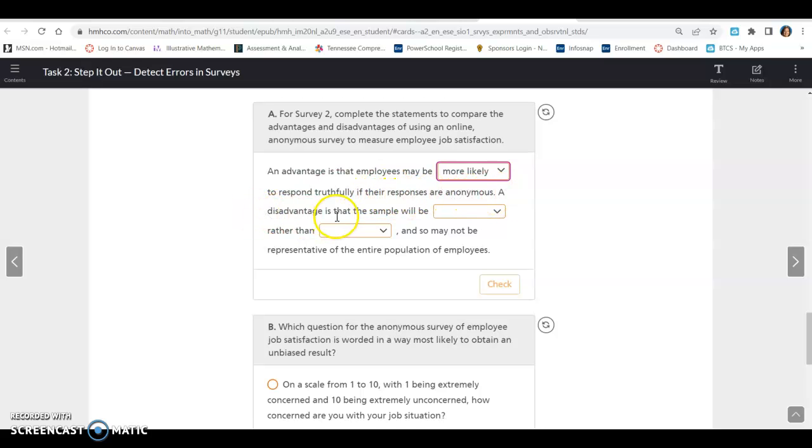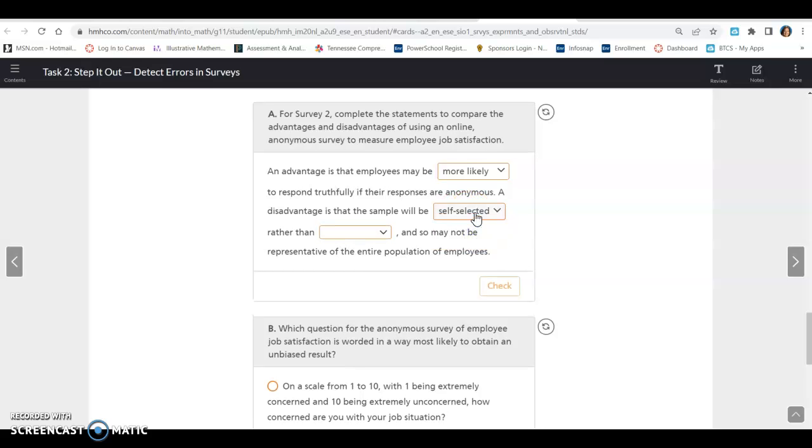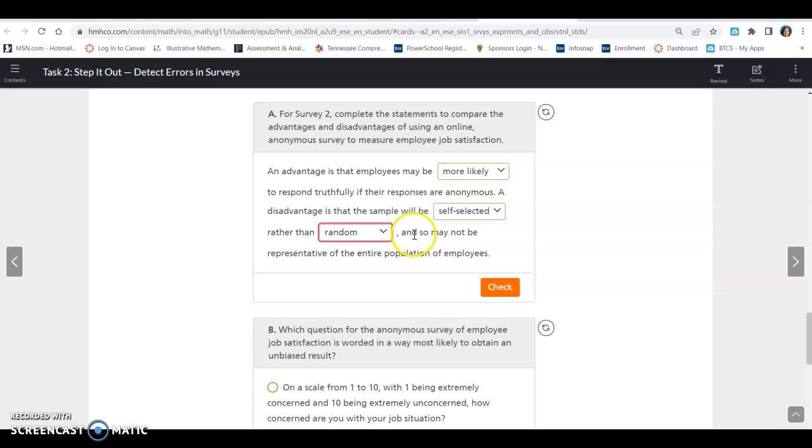A disadvantage is that the sample will be self-selected, because you would choose to do it or not, rather than a random sample, and so may not be representative of the entire population of employees.